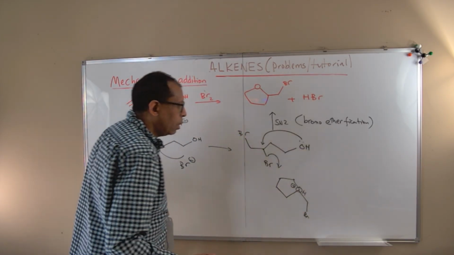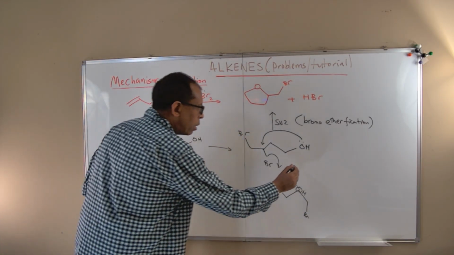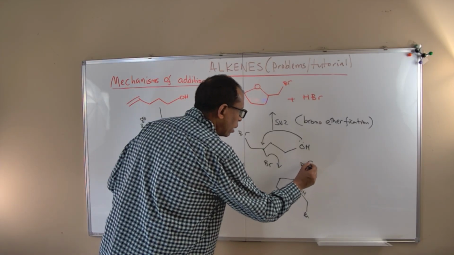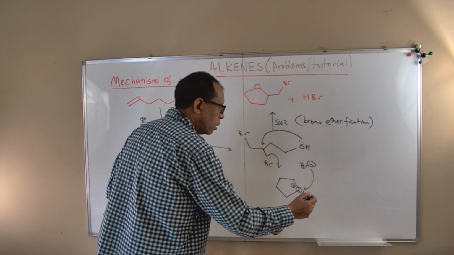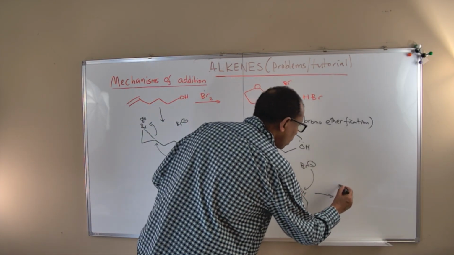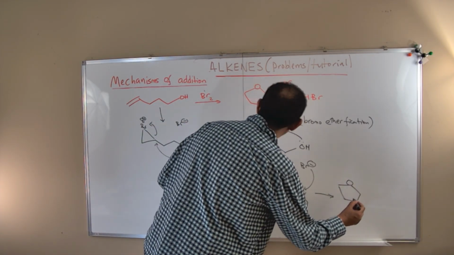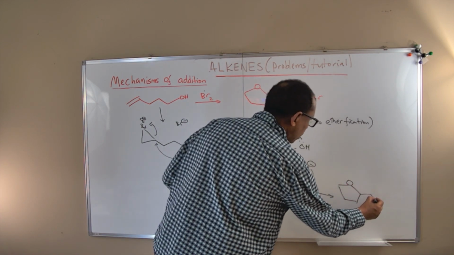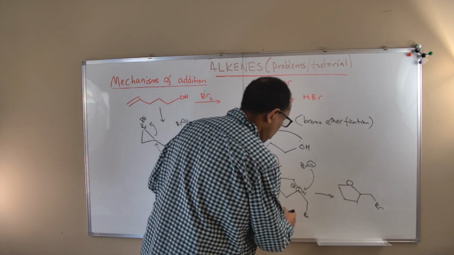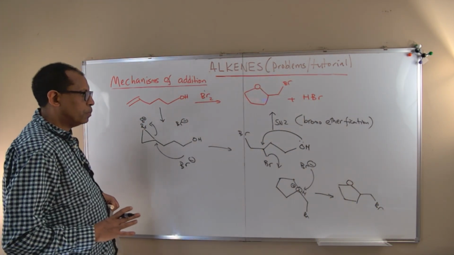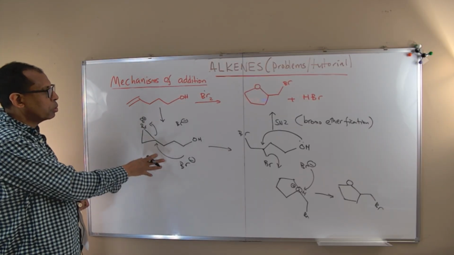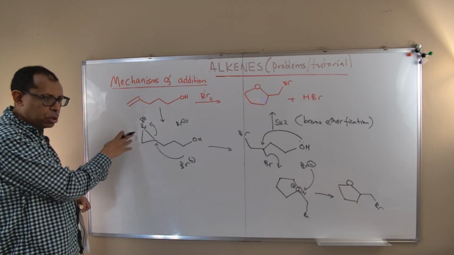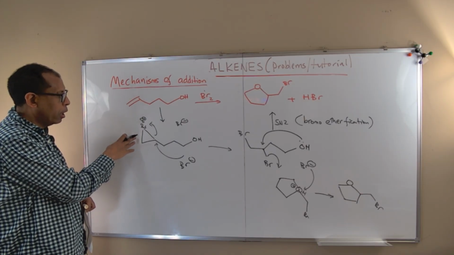The Br minus, which is a nucleophile around, would grab that proton and neutralize it, giving the bromoetherified compound. So that's how it happens. It's very interesting how this ends up: you go through bromine addition through a bridged bromonium ion.